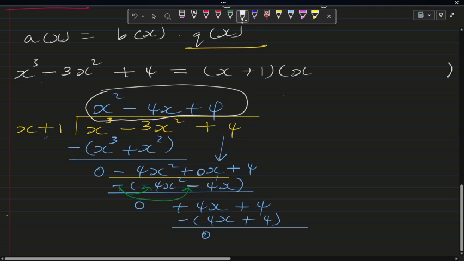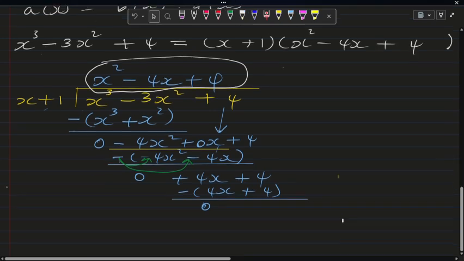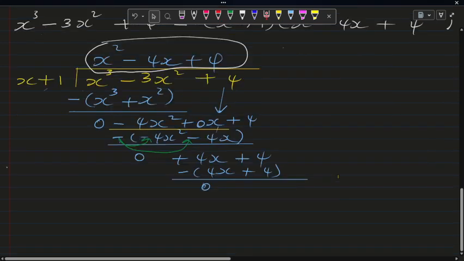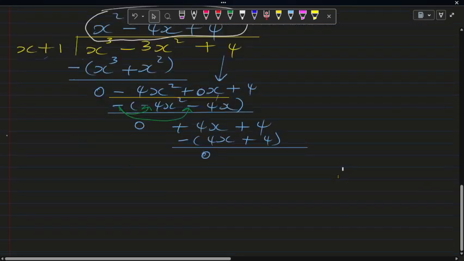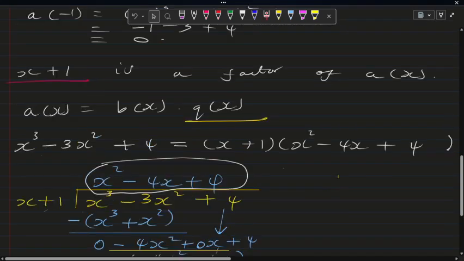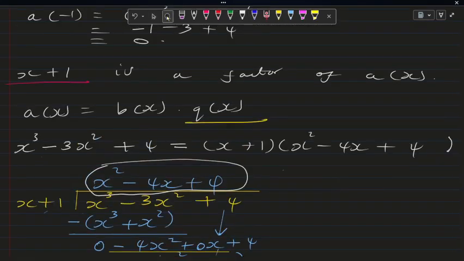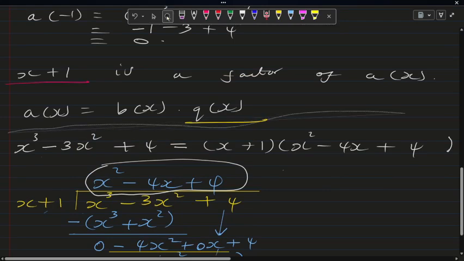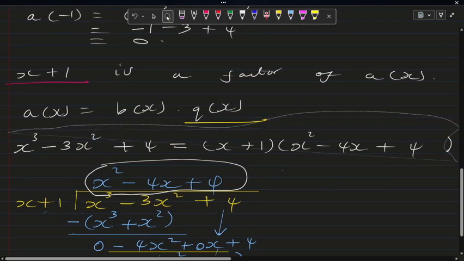Now, this expression, q of x will come in. Okay, so we have x squared minus 4x plus 4, and then we can continue with our simplification. We can continue with our factorization.